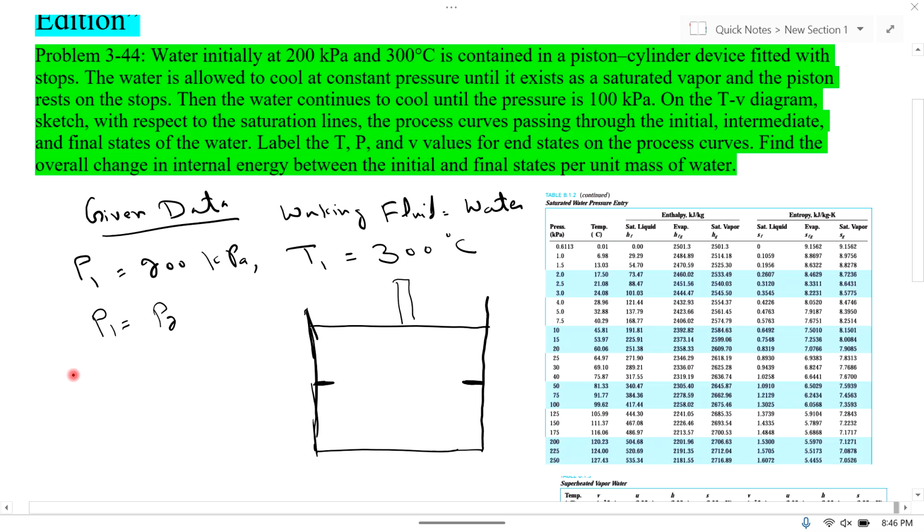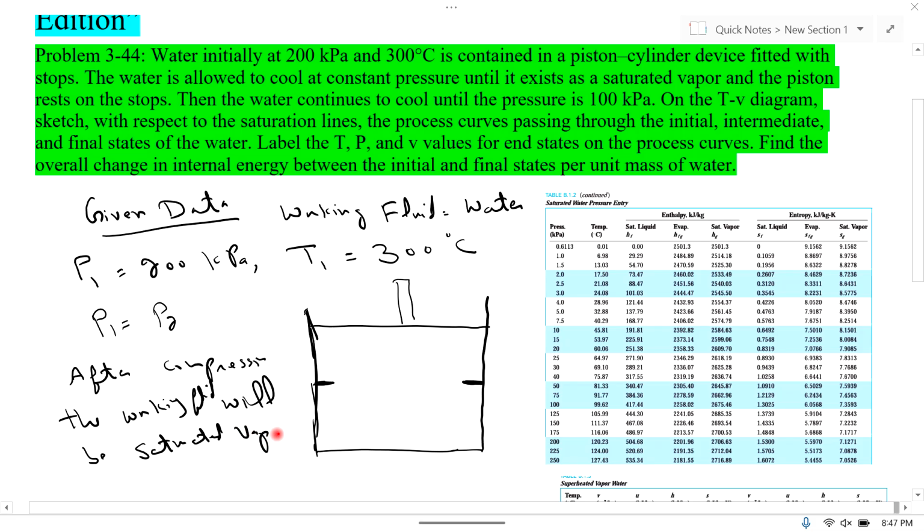It means that after compression, the water, or the steam, or the vapor, or the working fluid will be saturated vapor, and the piston rests on the stops.